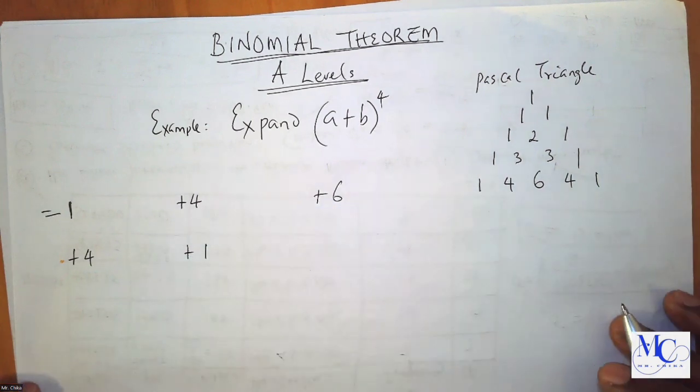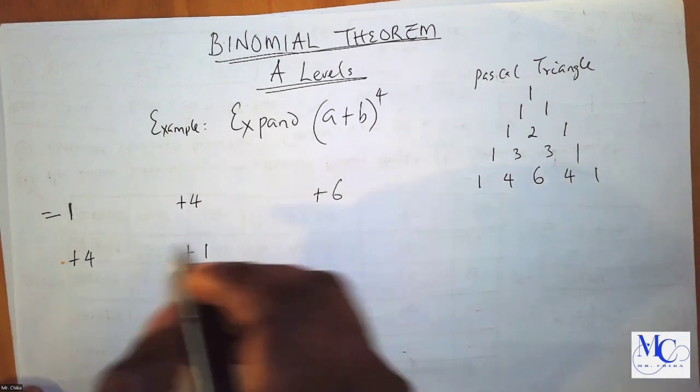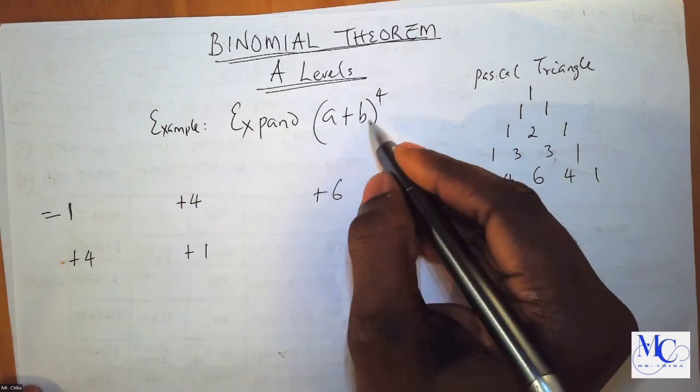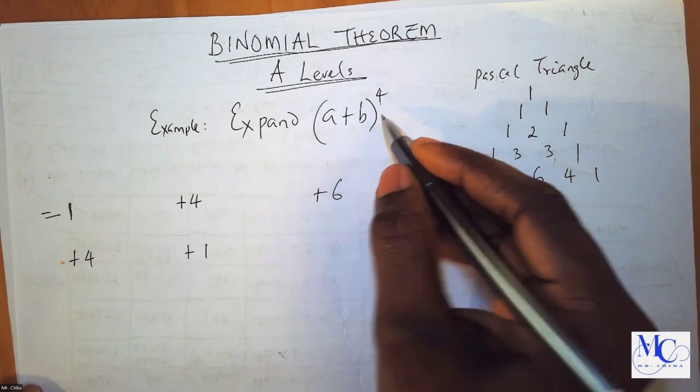Now to expand, I'll multiply by a to the power of 4 and b to the power of 0.